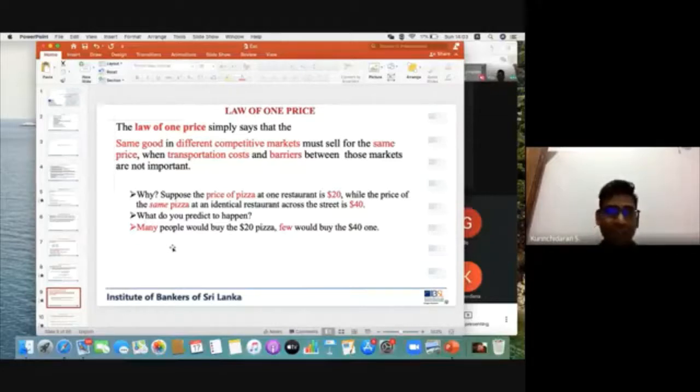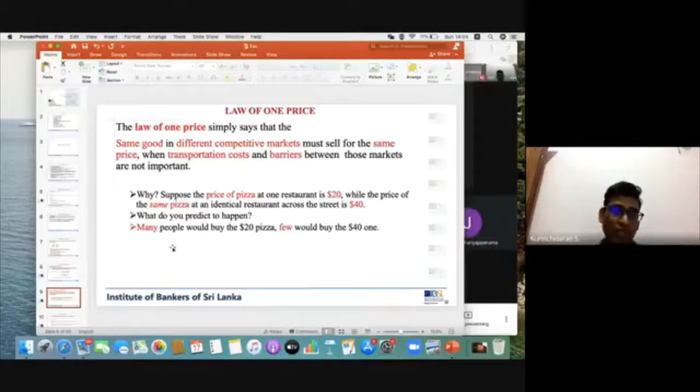Why? Let me give you this example. Suppose the price of pizza at one restaurant is $20, while the price of the same pizza at an identical restaurant across the street is $40. Now you find two shops nearby.